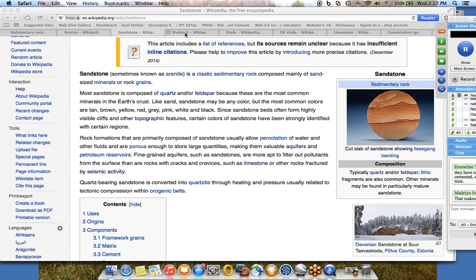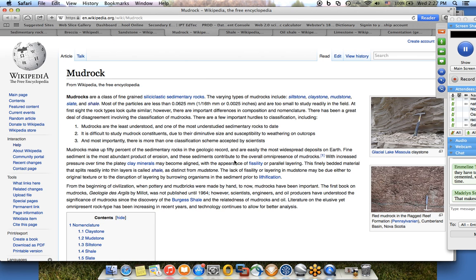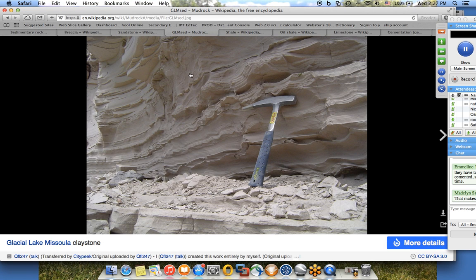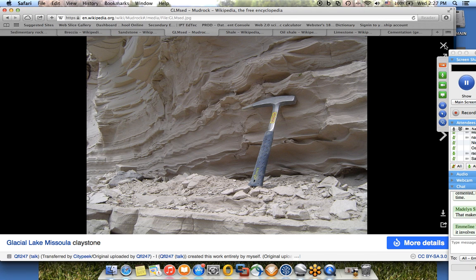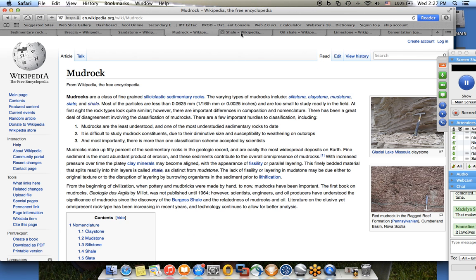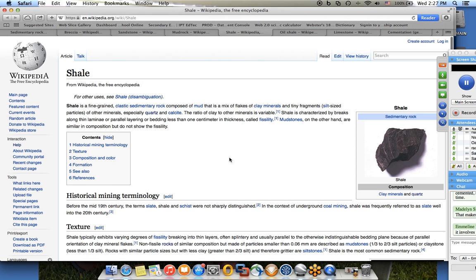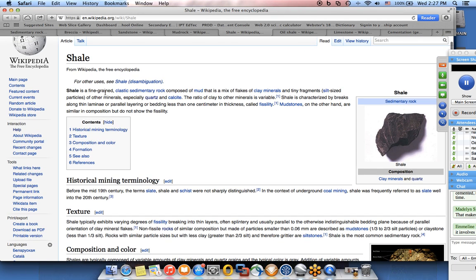Okay, so you can read the article here on mud rocks, and you can see that the mud rocks are basically very, very compacted layers of mud. They are solid, okay, but they are compacted layers of mud as they go together. Shale is another type of sedimentary rock.